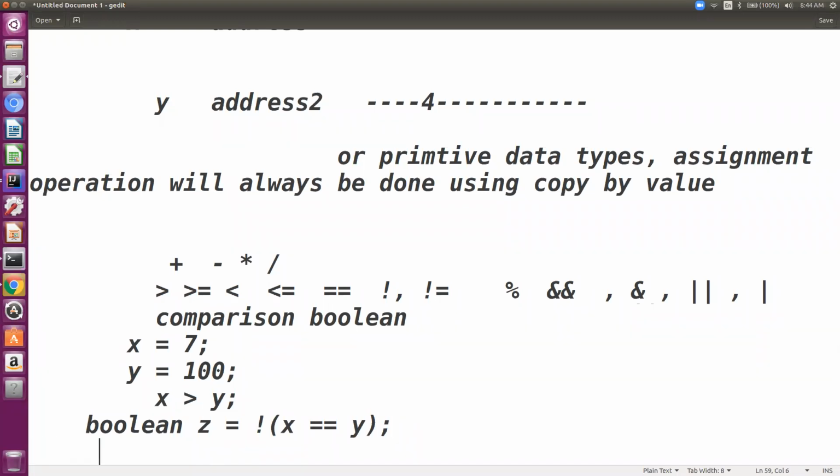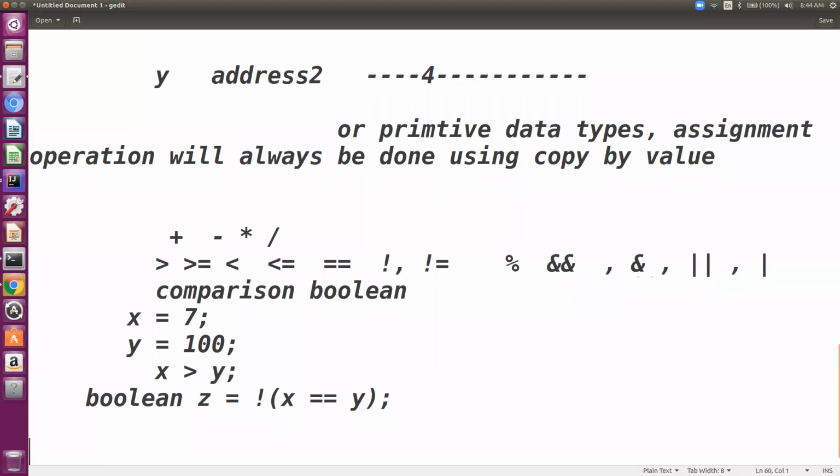Now the logical operators, and maybe I am using the wrong terms. One is the arithmetic operator, the other is the comparison operators, and these are the logical operators, and or.